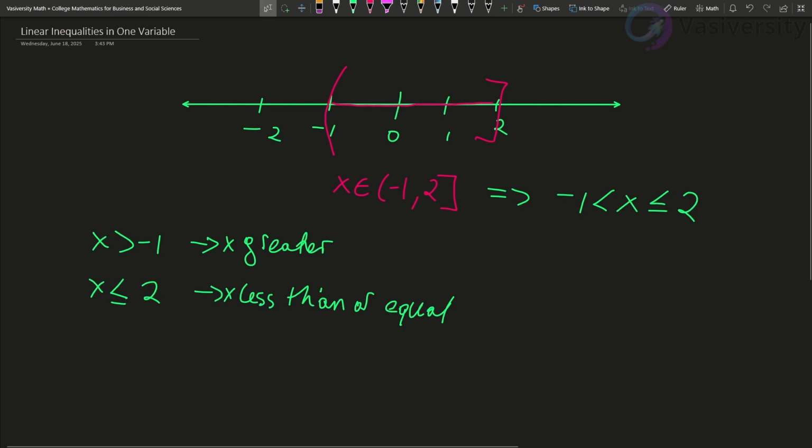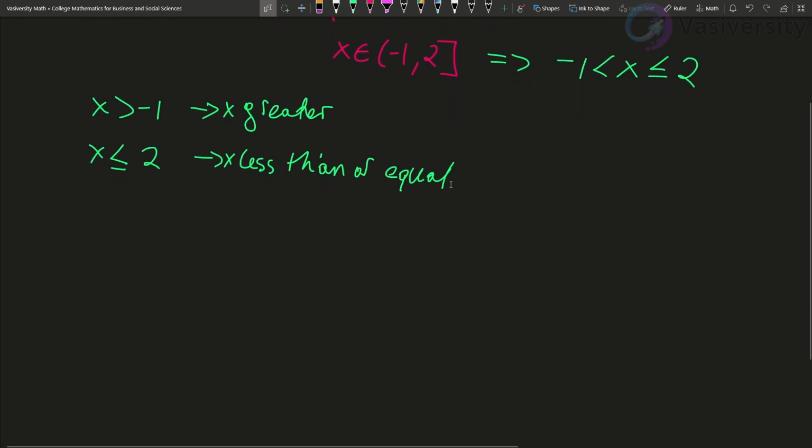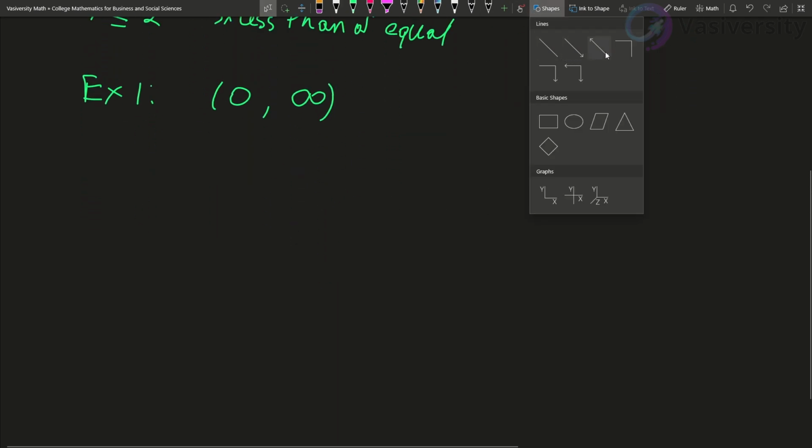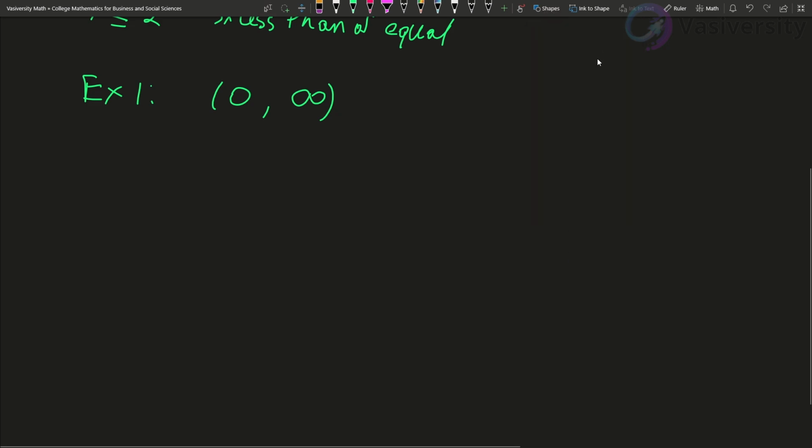Okay, so an example. Let's say we have an infinite amount of numbers. Example 1 would be from 0 to infinity. Let's go ahead and actually do a number line.